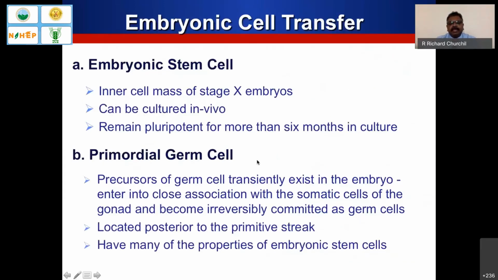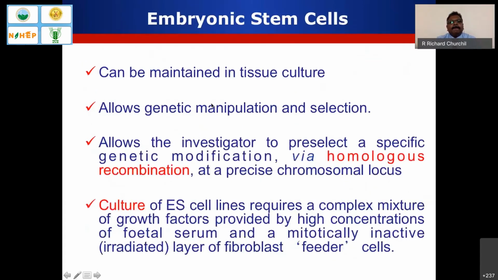So this I explained already. So here, when we culture the cells in the laboratory and when we insert the foreign gene, the insertion of the foreign gene may be a homologous recombination or a random insertion.